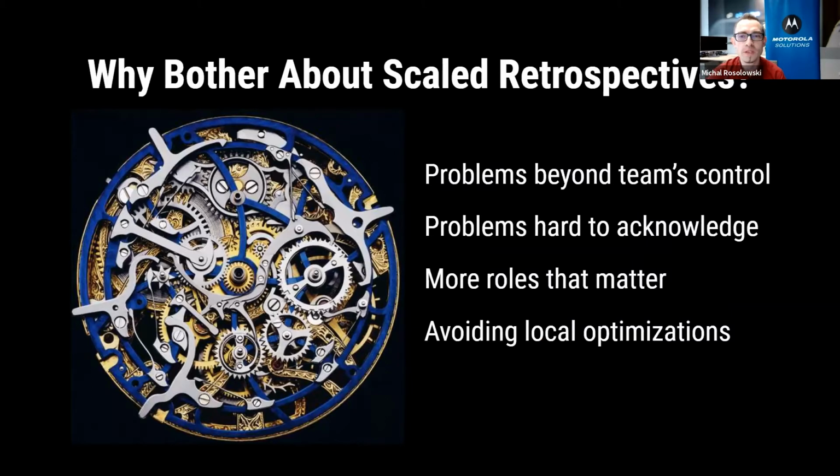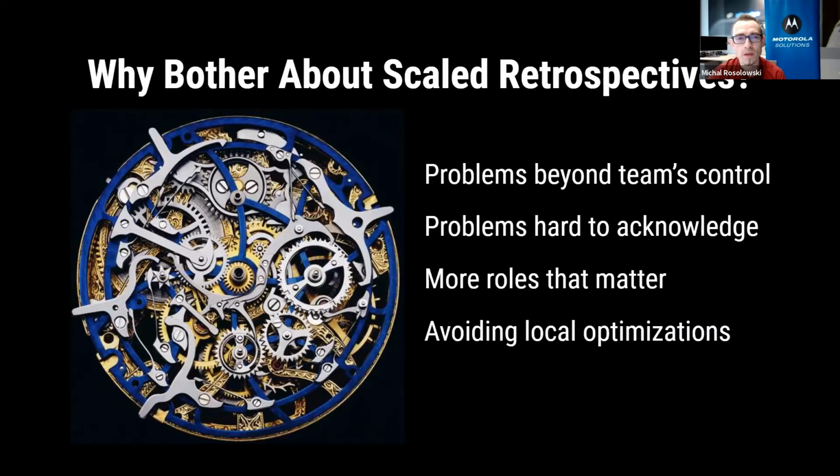And to be specific, there are at least 4 reasons to push your organization to retrospect. Or if you're an Agile coach, advertise scaled retrospectives.